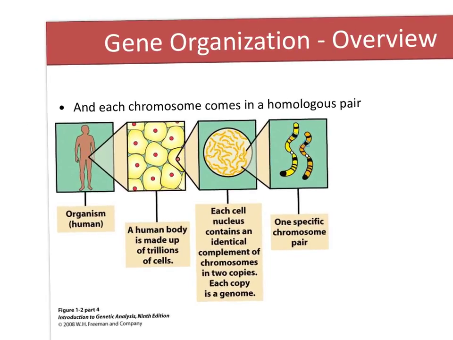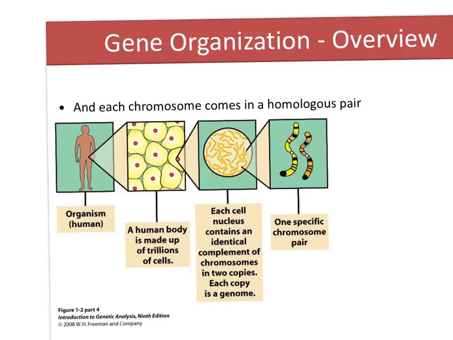So if you're going to order this from smallest to largest, would you start with a chromosome pair, a genome, a cell, or an organism? Smallest. Anybody? Yeah.